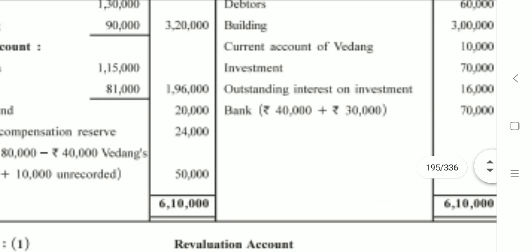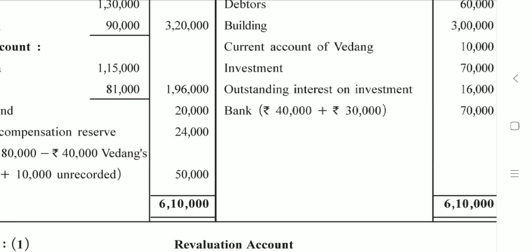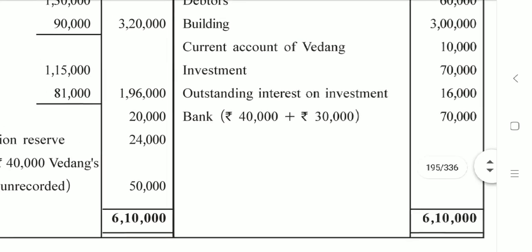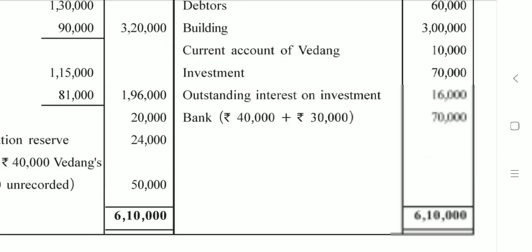We already have 40,000 and still 30,000 cash has been brought by the new partner. So what is the total bank balance now? It is 70,000. Alright, this is the first effect. Now journal entry was cash account debit to premium for goodwill account. We do not have premium for goodwill account prepared here.